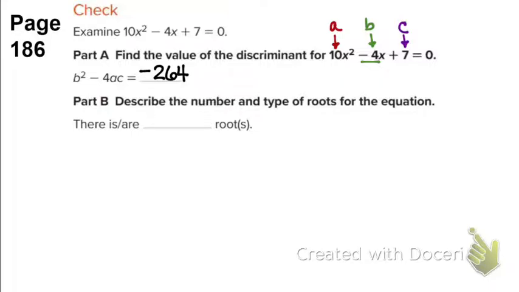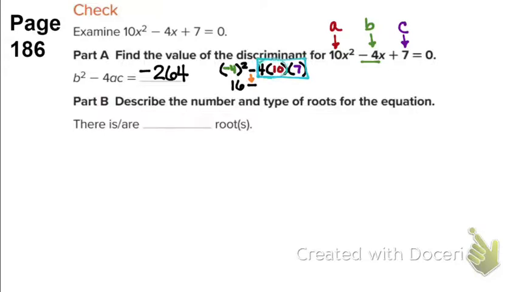So when you substitute in, you have negative 4 squared minus 4 times A, which was 10, times C, which was 7. When I square this negative 4, I get 16. Drop my subtraction sign straight down here. And then I need to multiply together 4 times 10 times 7.